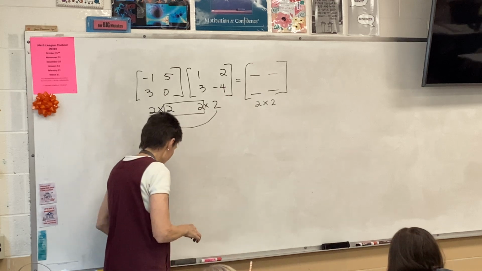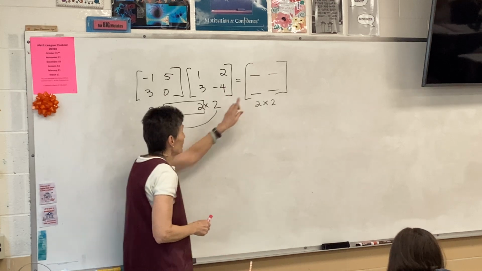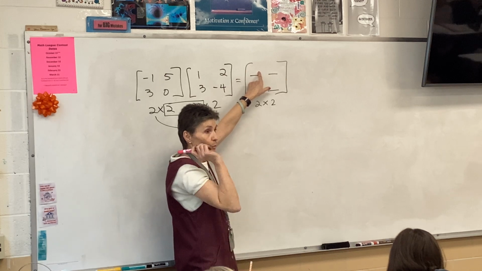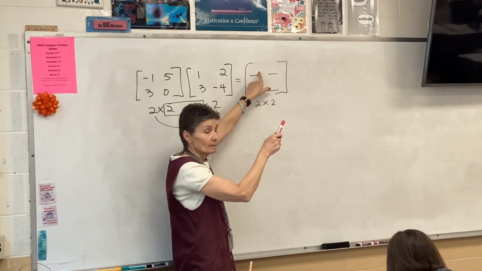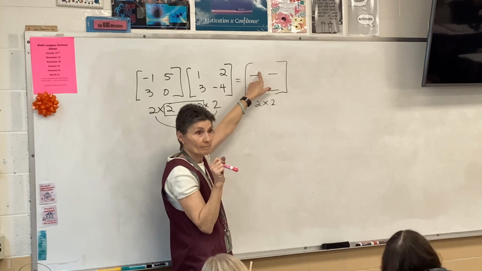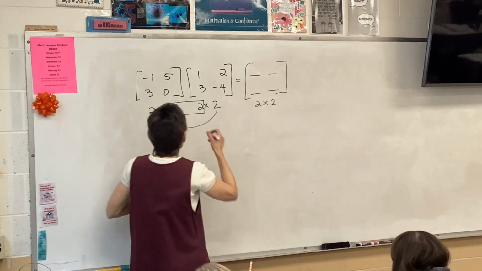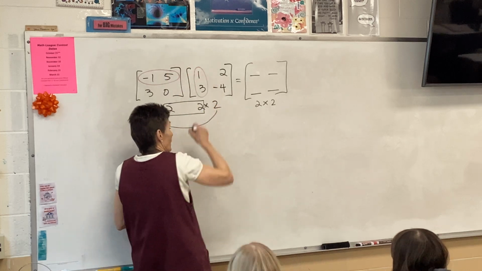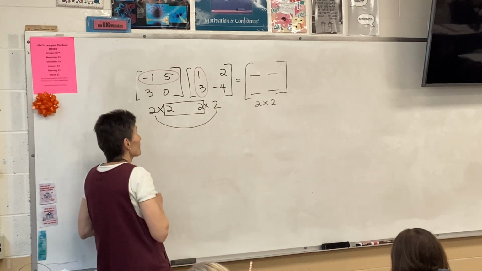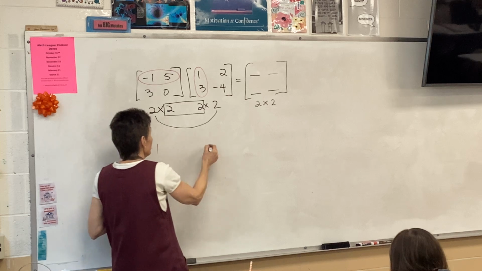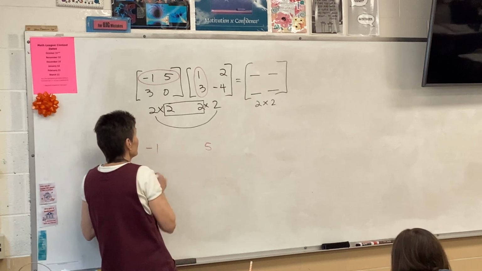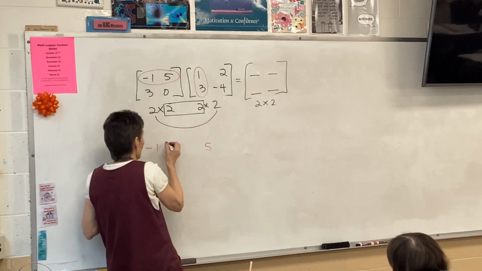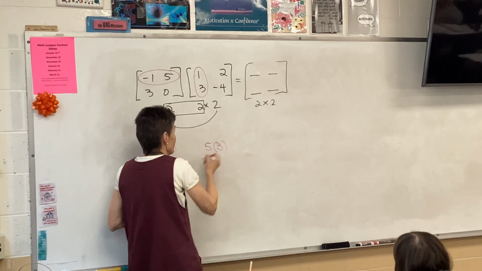Alright, so step 1. This number right here is in row 1, column 1. So I am gonna multiply row 1 times column 1. So negative 1, 5, and 1, 3.